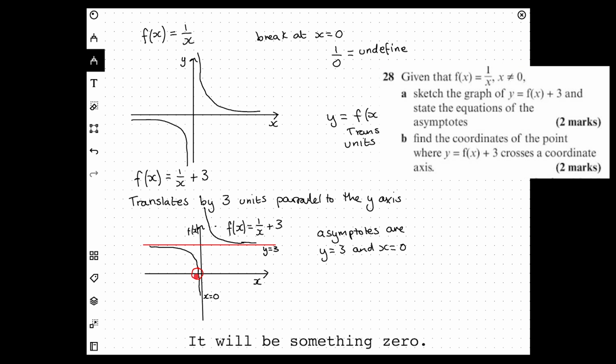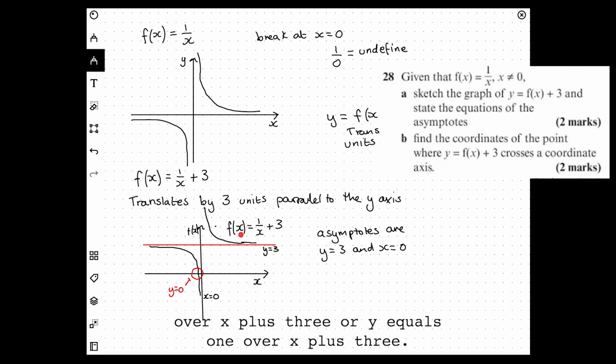So here we know that y equals 0. Our function is f of x equals 1 over x plus 3, or y equals 1 over x plus 3.